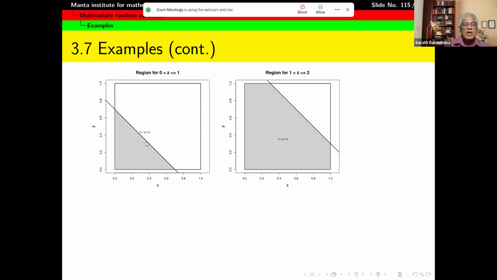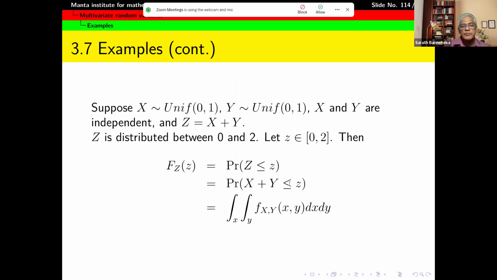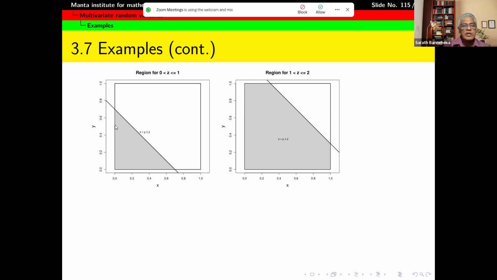In that case, in order to get this probability, I have to integrate the joint density over this area. I can do that, as I usually do, by keeping x at a fixed value.